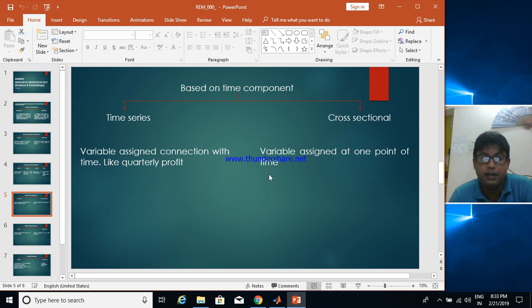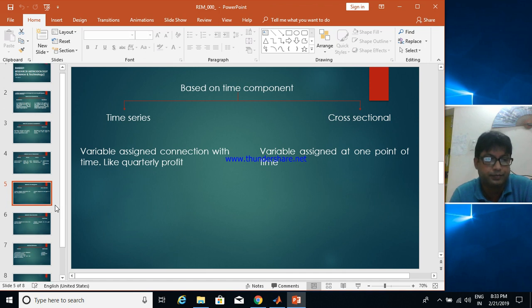The cross sectional variable is the variable assigned at one point of time. You are taking a particular point from the time series and assigning the variable. That is called a cross sectional variable.